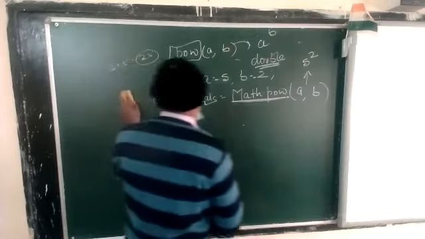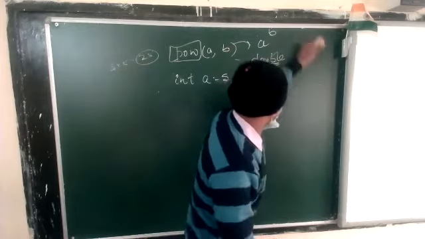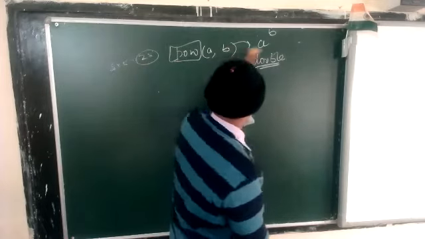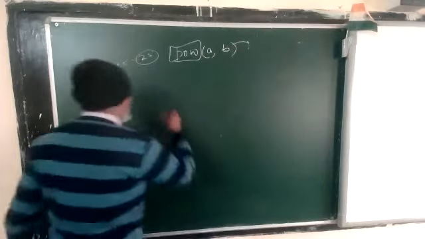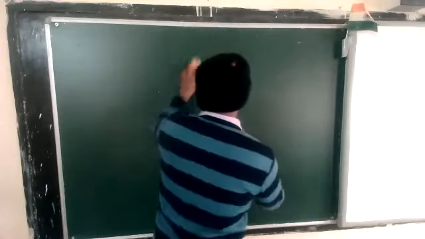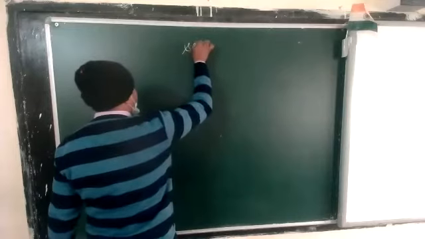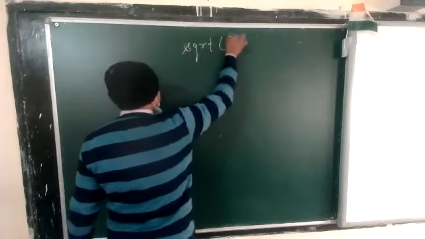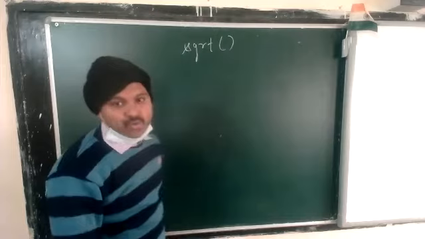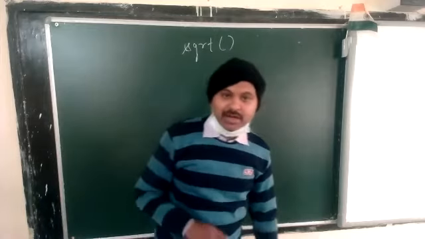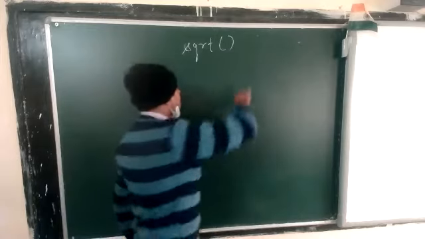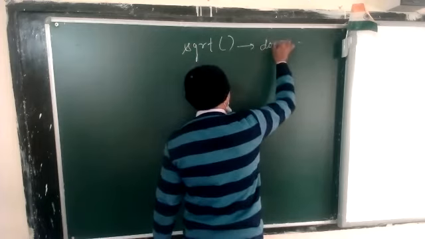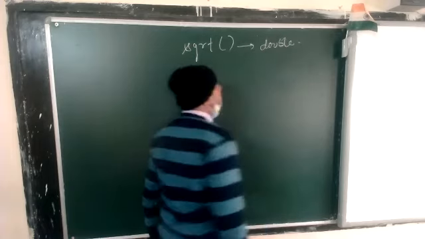Then the next method we go for is sqrt, the square root function. This function also returns a double type value.